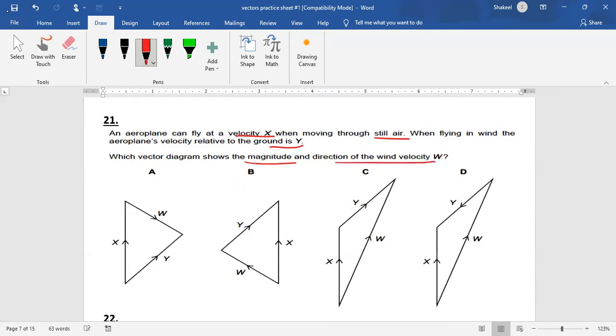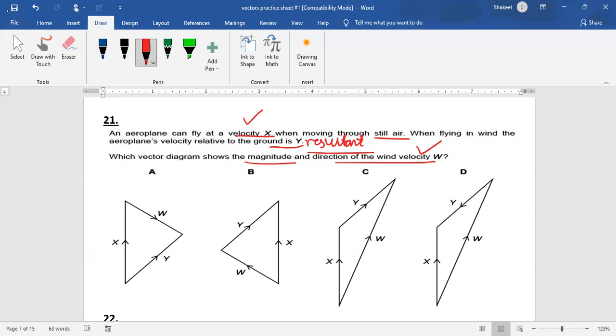You know X and W are the action vectors, and Y is the resultant vector, because X is the velocity of the aeroplane in still air, and W is the wind acting on the aeroplane, which changes the velocity into y.